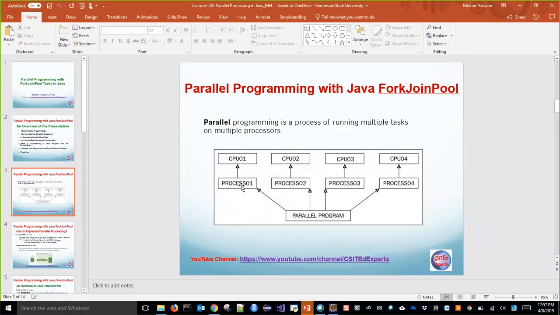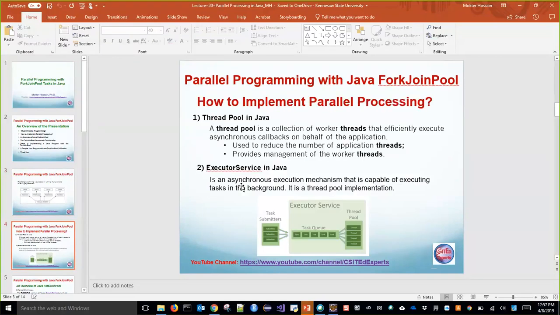So one of the parallel processing concepts is called thread pool. We are familiar with threading, right? In our previous lectures, we discussed thread and multi-threading, how to create a thread and how to start a thread.